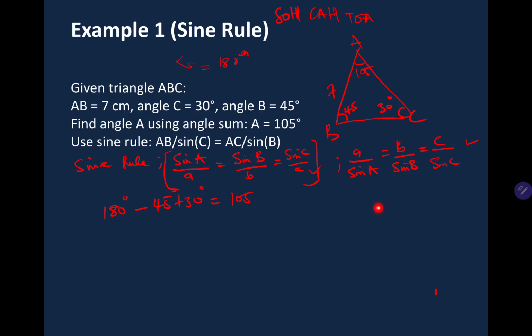So if we have the angles now, we can find the sides by using the sine rule. Now, in using the sine rule, there are certain things we must consider, very important.